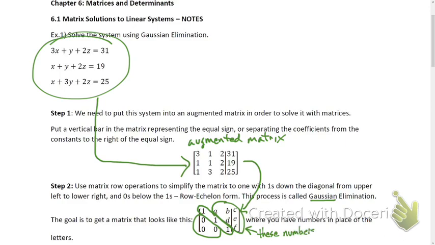They can become anything. They could be ugly fractions, they could be ones, they could be zeros, they could be something else, we don't really care. But the ones and those zeros have to become ones and zeros. Notice right now we have a 3, 1, 2 and 1, 1, 3. We need to change all of those to what you see on the very bottom of the screen.